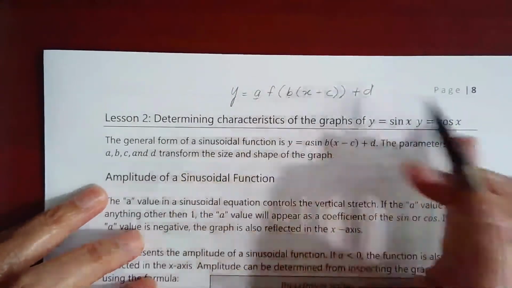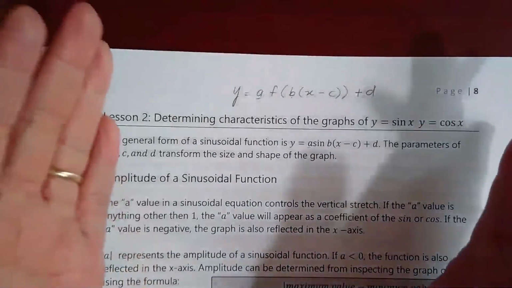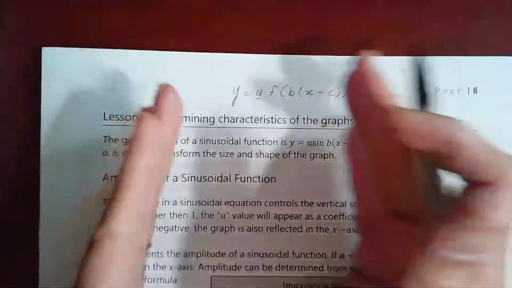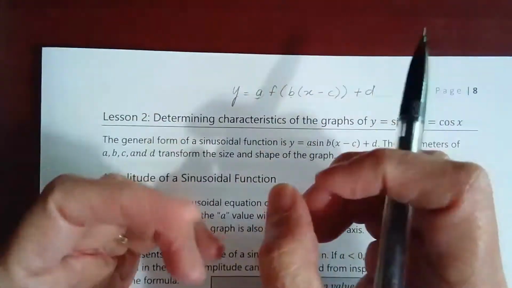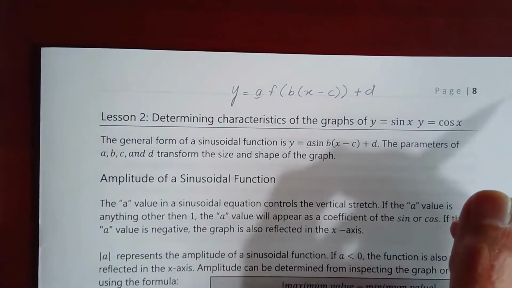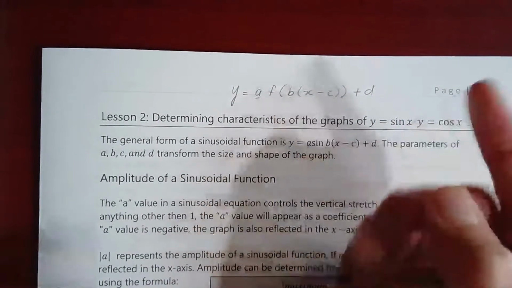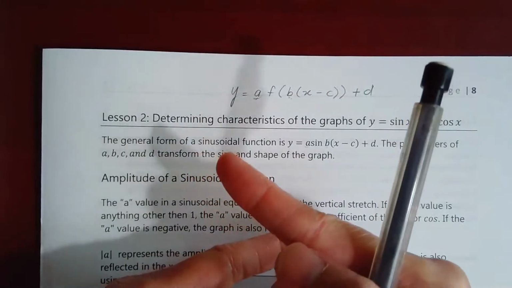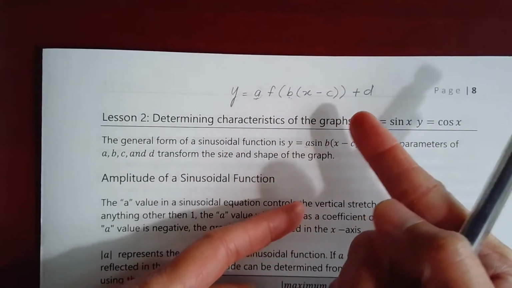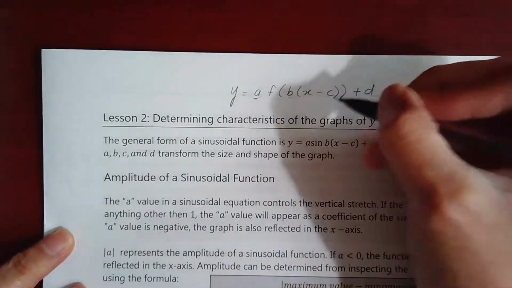The b tells us either the horizontal compression, compressing it horizontally, or stretching it horizontally, as well as the reflection horizontally, which is reflecting over the y-axis.